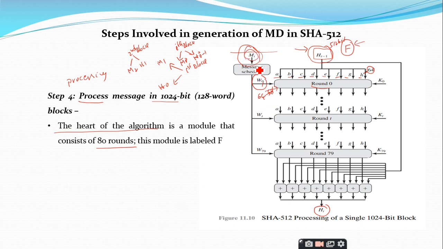Whatever message block you have, this message is 1024 bits. From those 1024 bits you are going to generate W0, W1 and so on up to W79, and each W has a value of 64 bits.